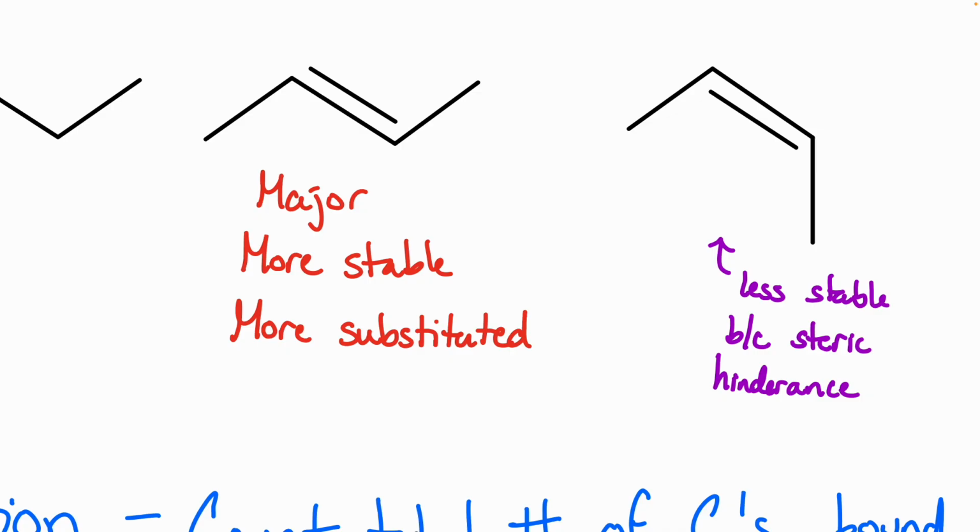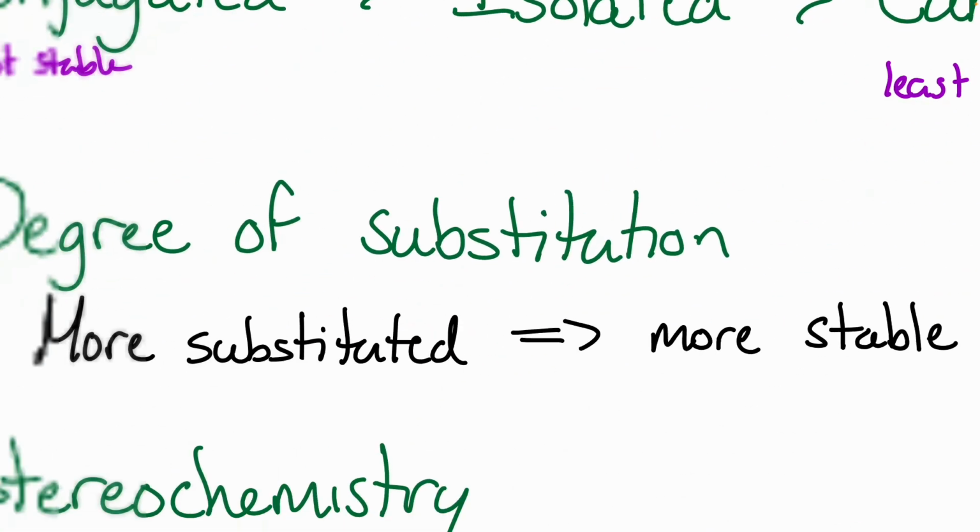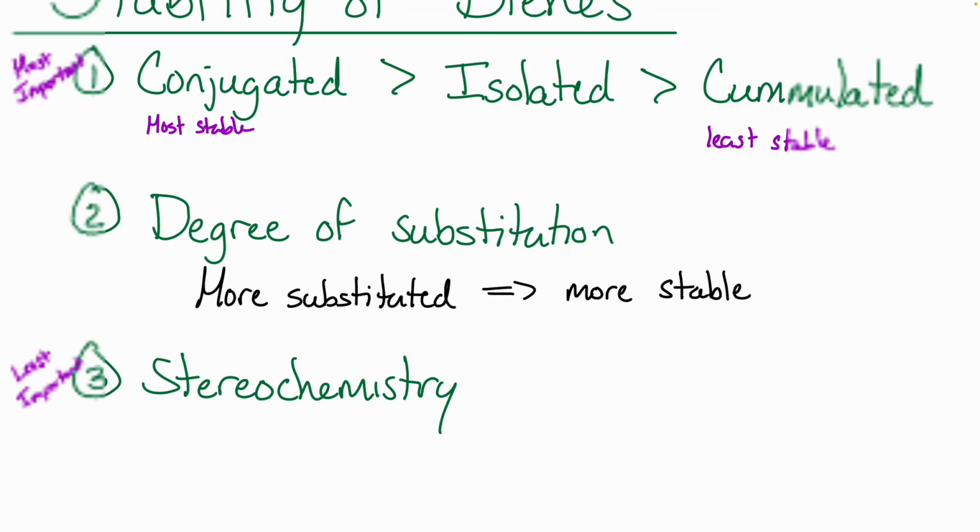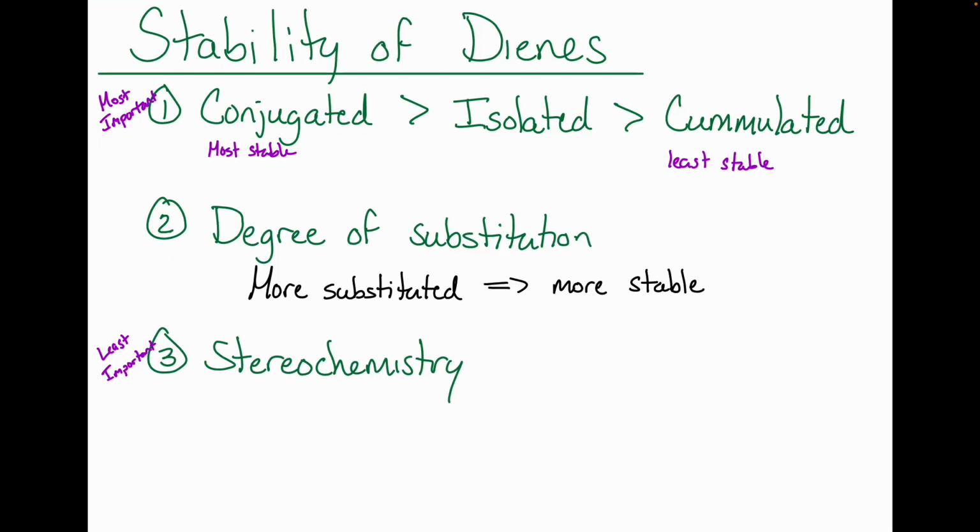So simply put, for our stereochemistry, the last factor in our stability, these large groups like to be on opposite sides.